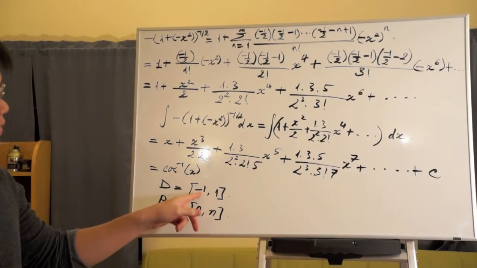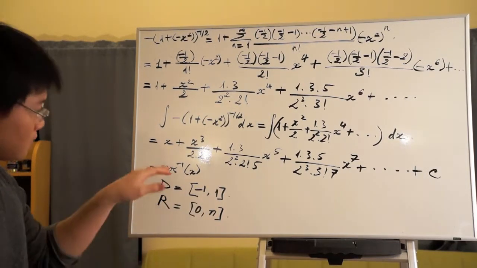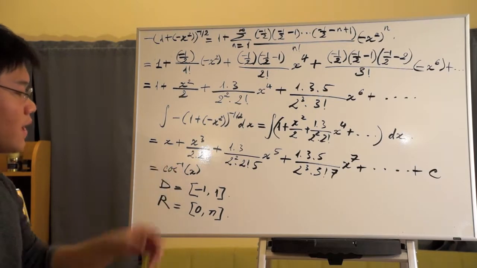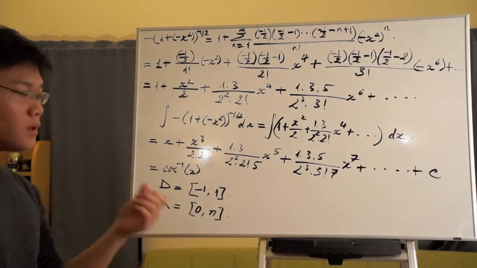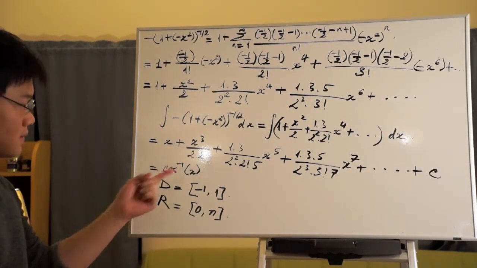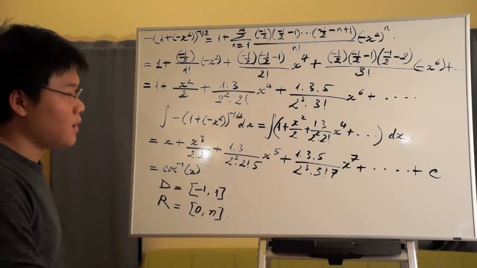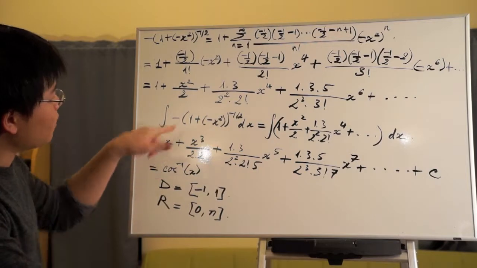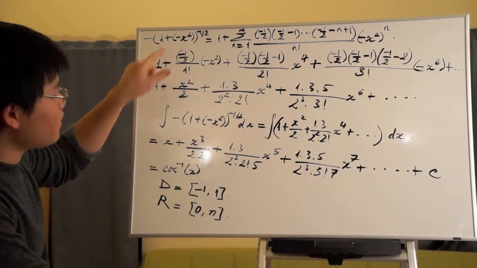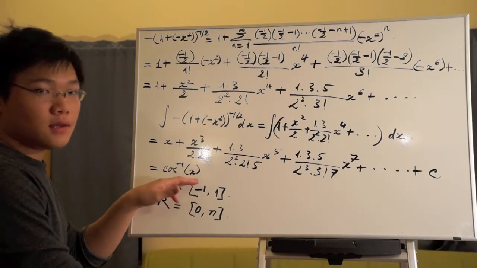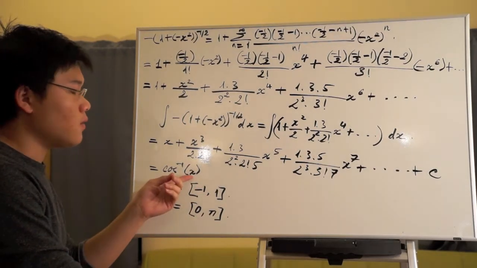So this domain includes 0. So what it means is that the inverse cosine of x is continuous, differentiable at 0, because we have a convergence series when we evaluate its derivative, right?